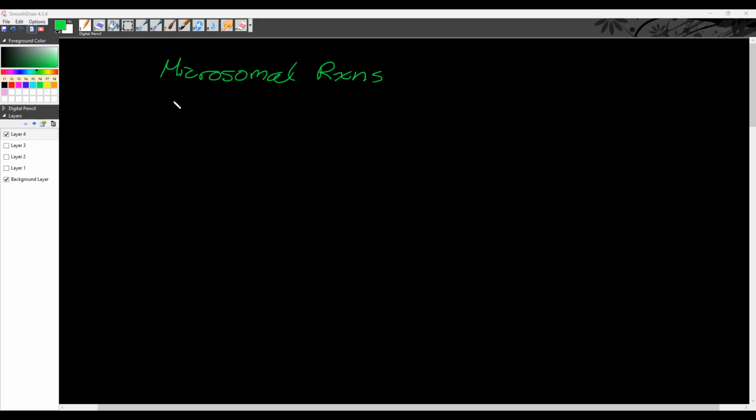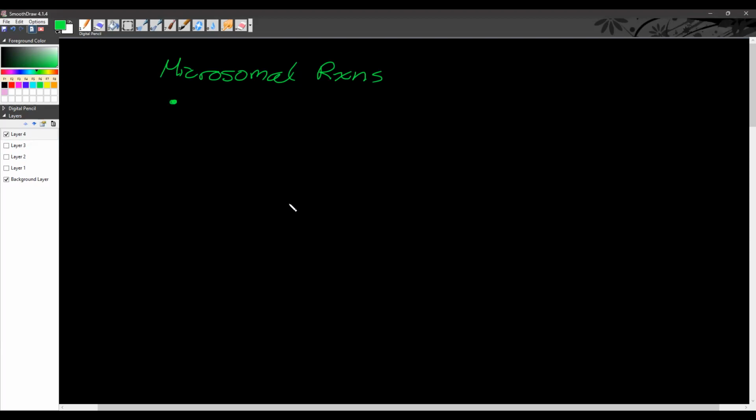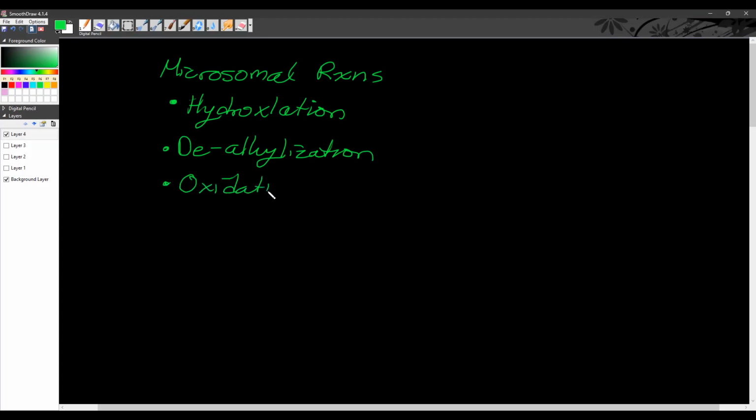So we call the reactions that primarily happen in the liver microsomal. So these would be the hydroxylations, the dealkylations, and oxidative deamination. So these are all happening in the liver.